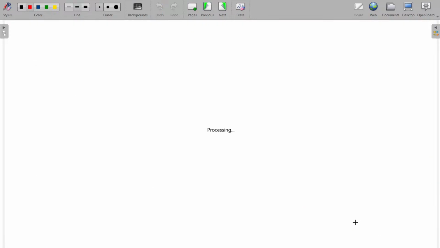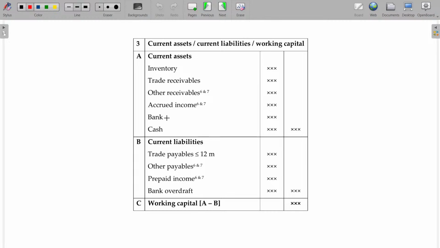So we'll see that example here. Some examples are inventory, trade receivables, bank and cash. These are the current assets. And in current liabilities, trade payables and bank overdraft. And remember, the difference between current assets and current liabilities is named working capital.